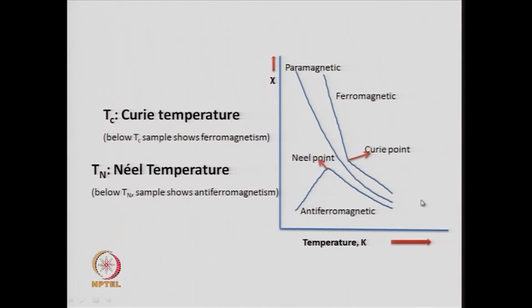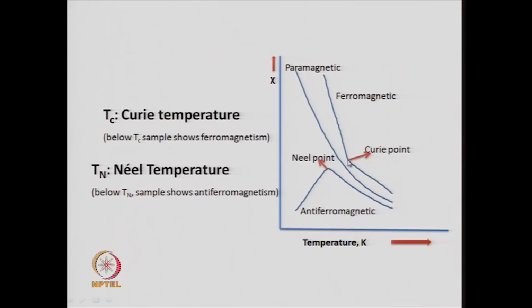As you are decreasing the temperature, the magnetization or the susceptibility is increasing, as it should for a paramagnet. But at a particular point, which is called Tc, the temperature corresponding to this point on this axis is the Curie temperature.